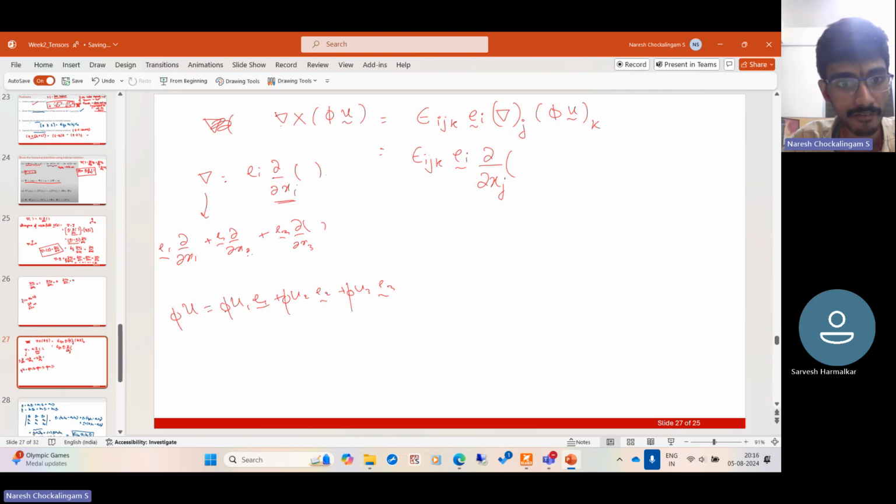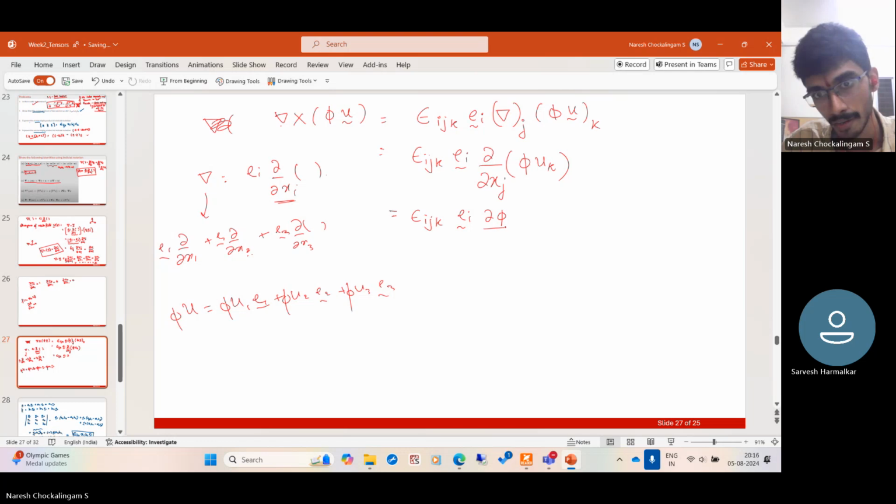First component is phi u1. So the kth component is phi u_k. Now just apply the product rule here. So we have epsilon ijk e_i. Use the product rule. You get partial phi with respect to x_j u_k plus phi, partial u_k with respect to x_j.